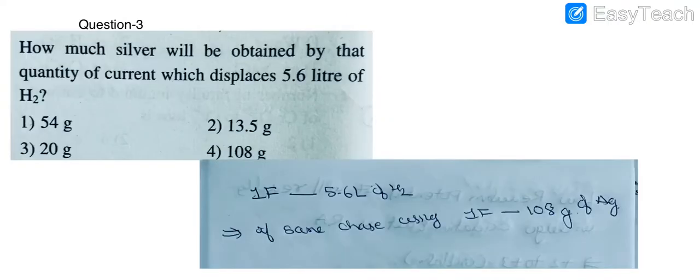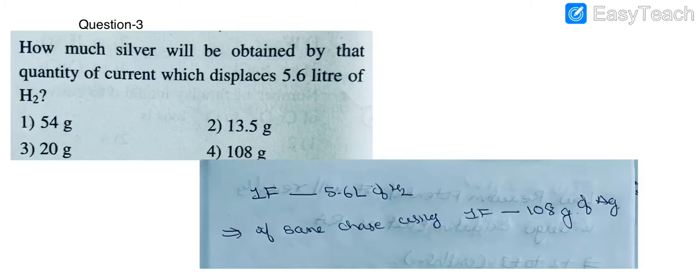Next question. Interlinked questions will be asked, such as how much silver will be obtained by the quantity of current which liberates 5.6 liters of O2. So 5.6 liters of gas you are getting, and using the same current, how much silver?